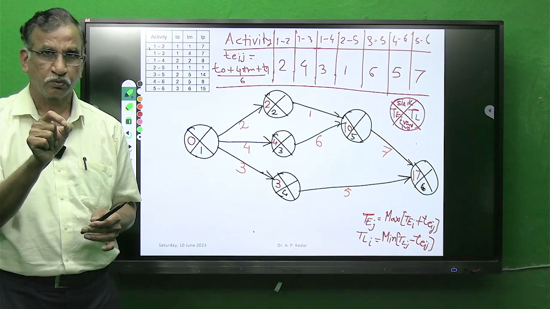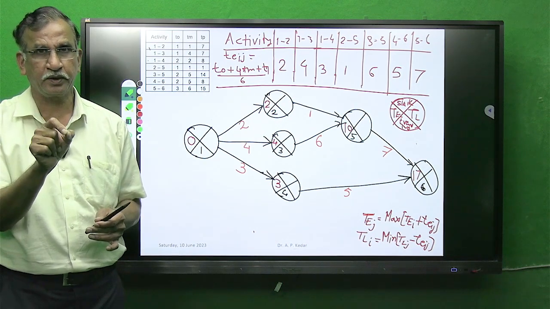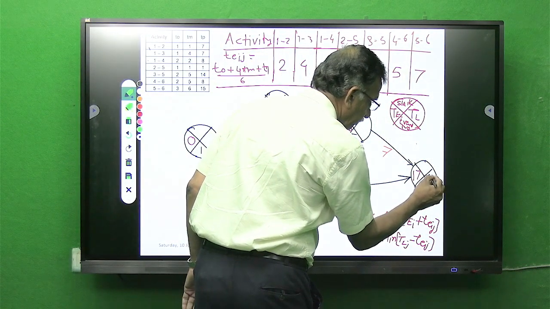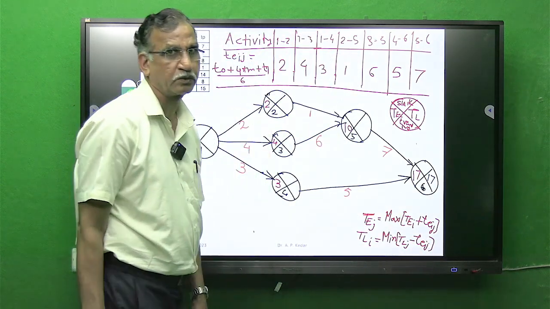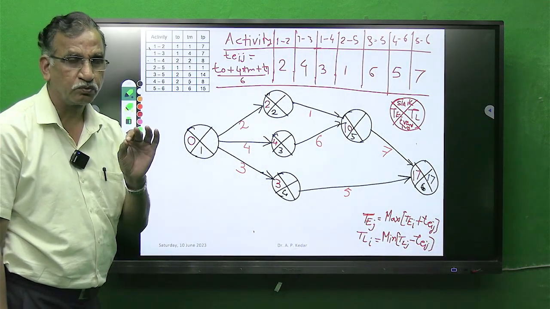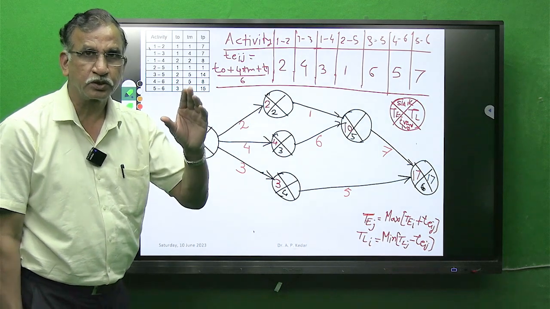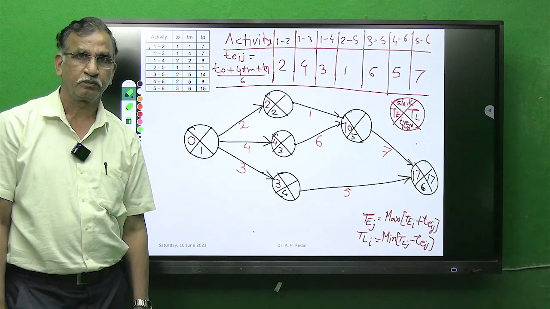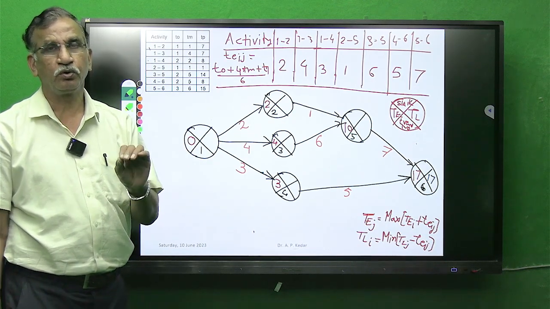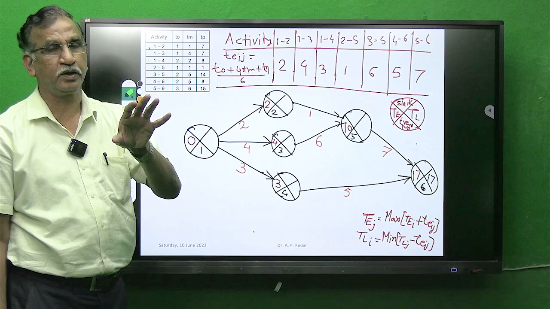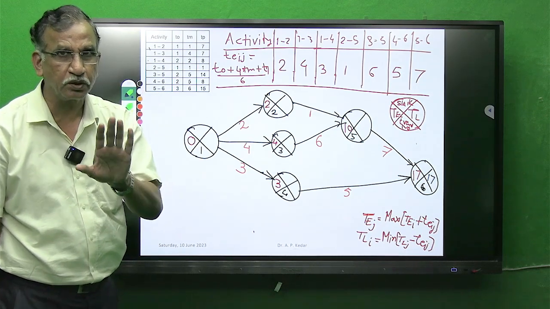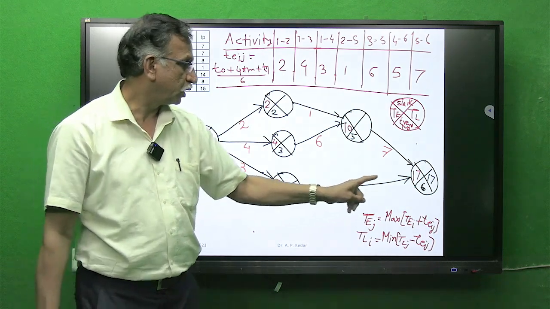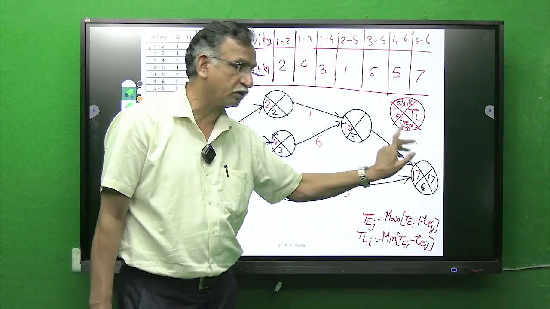So, considering this logic, the latest completion will be 17 weeks. Whenever the scheduled completion period of the project is not given in the problem, without any hesitation put the earliest completion time as the latest completion time.